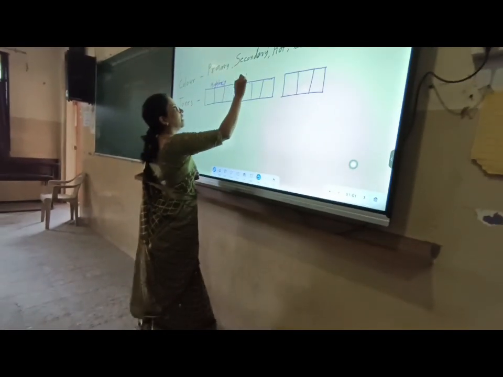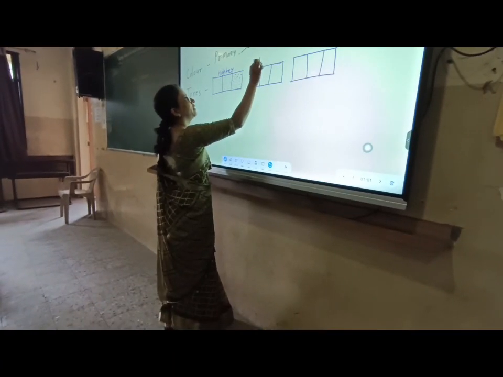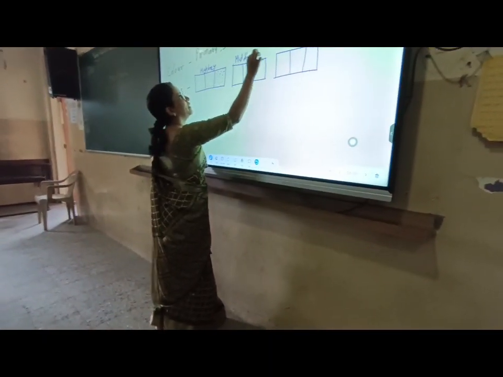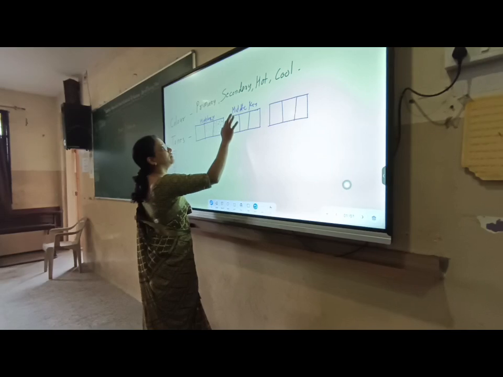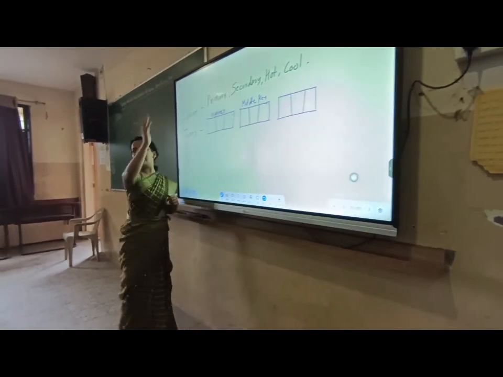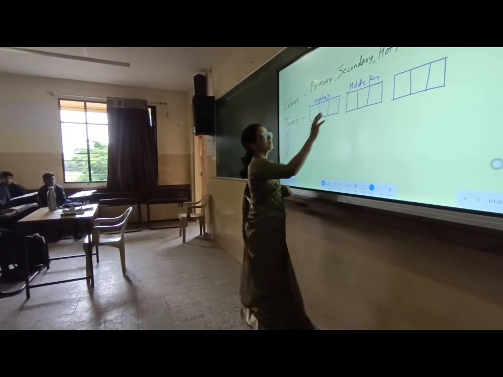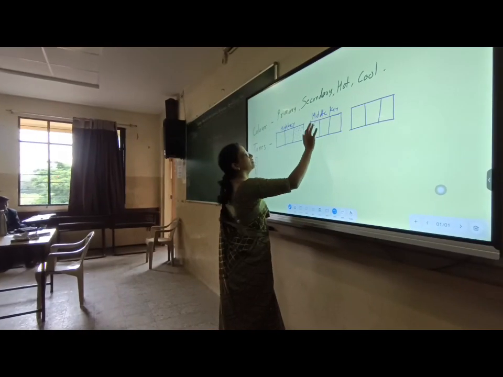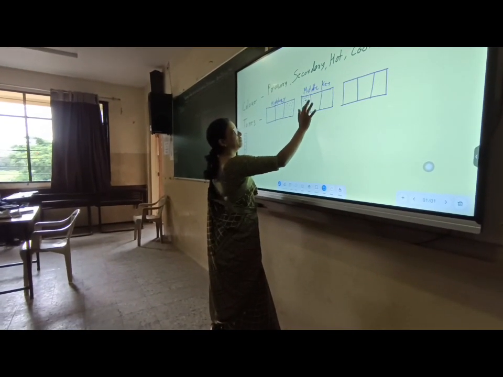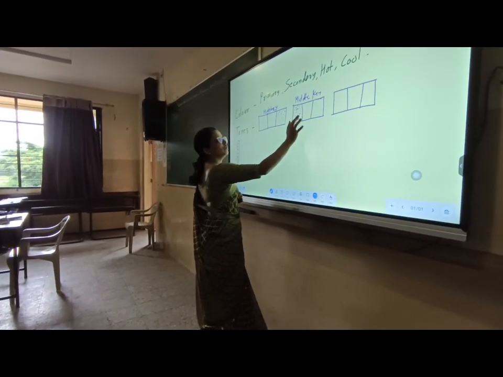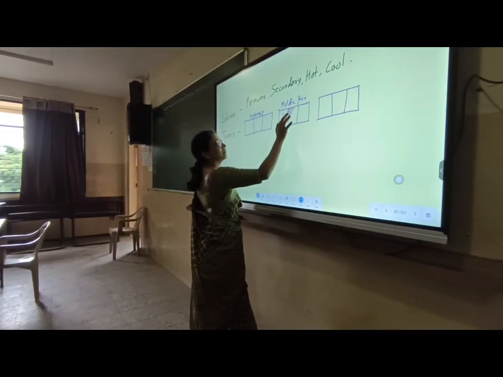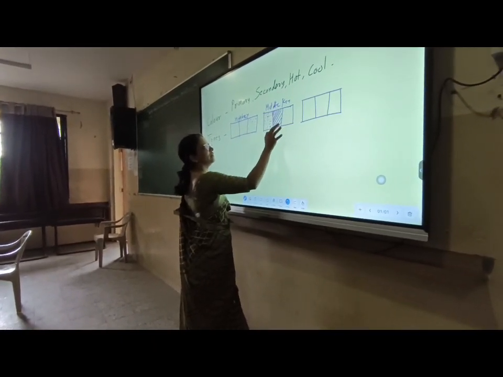Then here I am going to do middle key. So it will go darker. Understood? So these are the ways you can do with stippling also. If you want to do it with lines, you can draw lines also to make it dark.